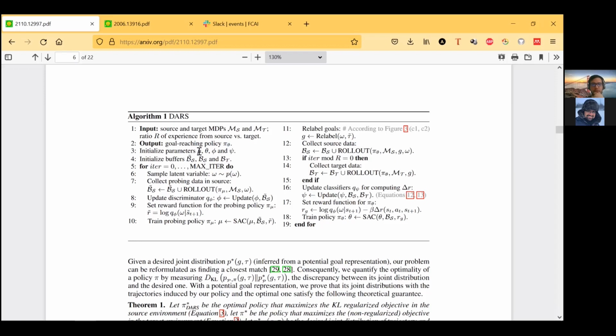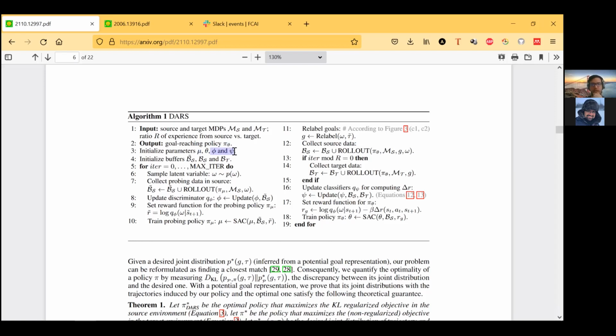But the input of the other policy would be these abstract goals, which can be just a one-hot encoding or some vector, maybe in some continuous space. And then you have the parameters of all the discriminators I mentioned.